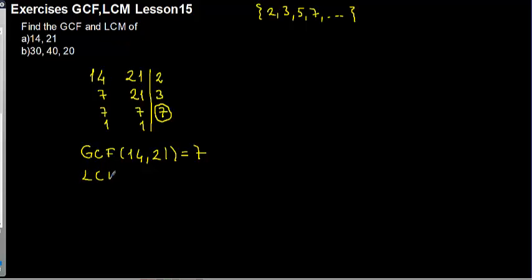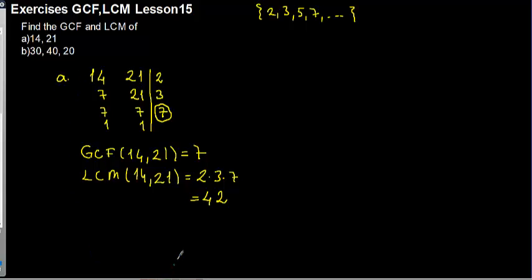Least common multiple of 14 and 21 is the multiplication of all of these numbers. So 2 times 3 times 7, which is equal to 6 times 7, which is equal to 42.